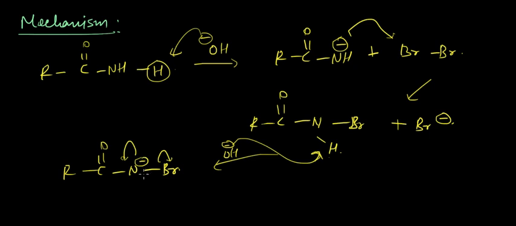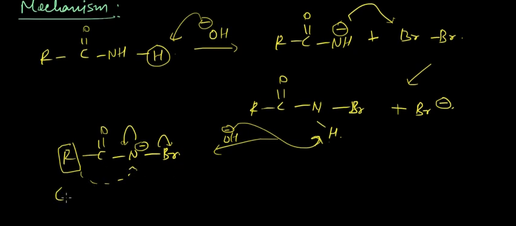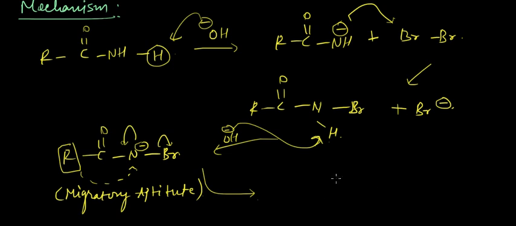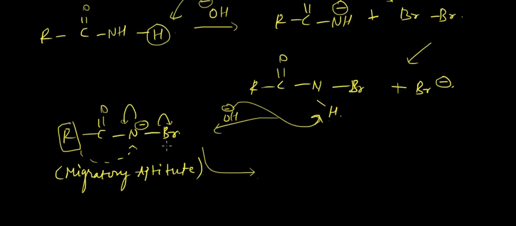As this is moving, this group shows some migratory aptitude and it migrates to the nitrogen atom. So we'll get the 3-member ring as the intermediate.